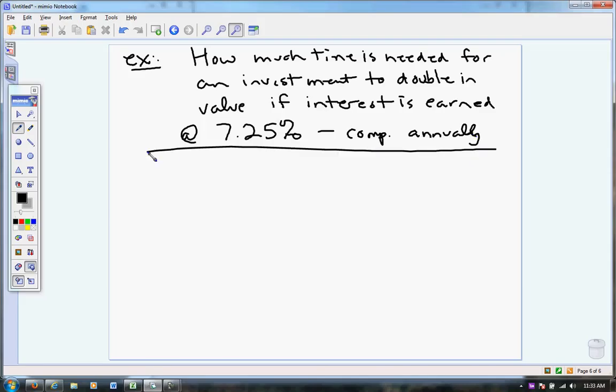Okay, 7.25% compounded annually. Well, as soon as you see that it's compounded annually, that tells you which formula to use.